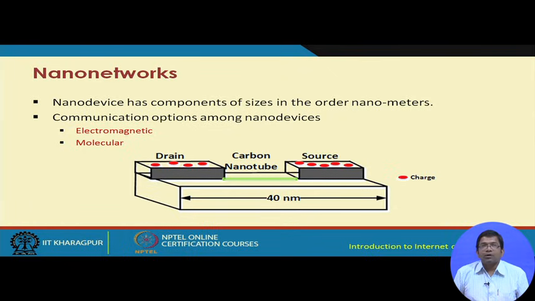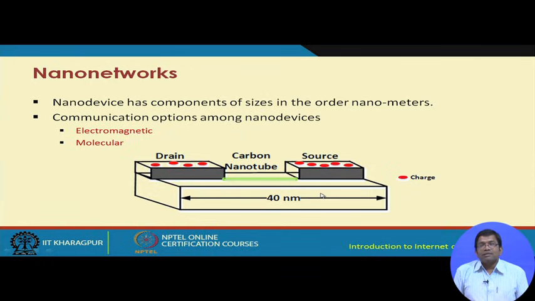This is how the communication takes place, between the source device and the sink, over the nano medium such as carbon nanotube, there is going to be a flow of charges. And as you can see over here, this is in the scale of a few nanometers only.